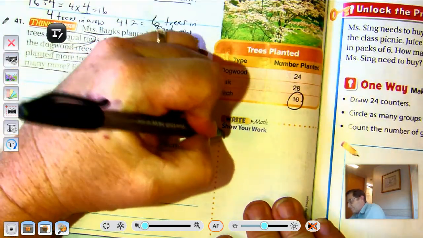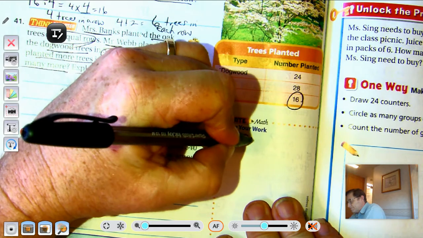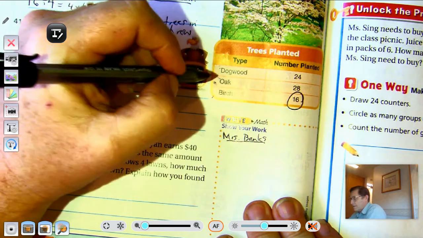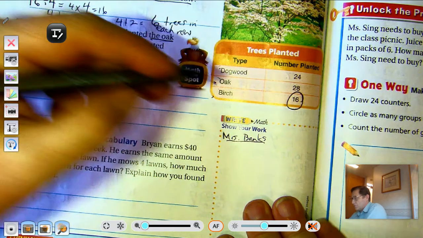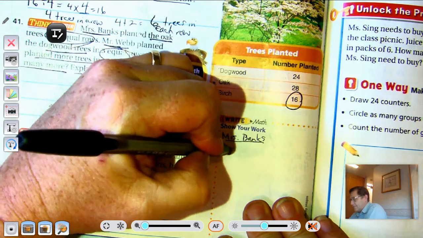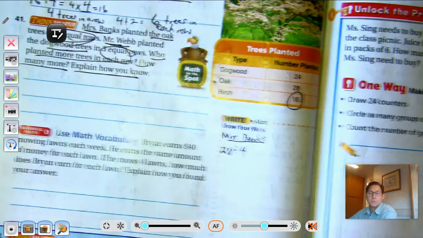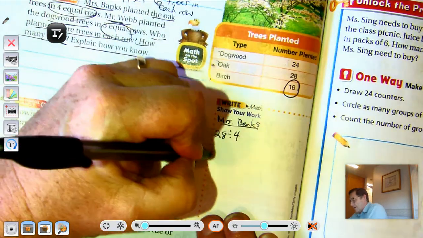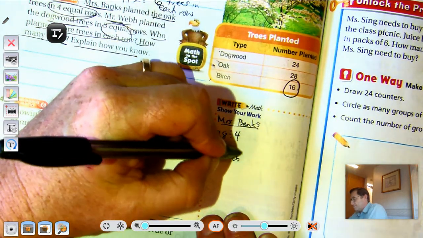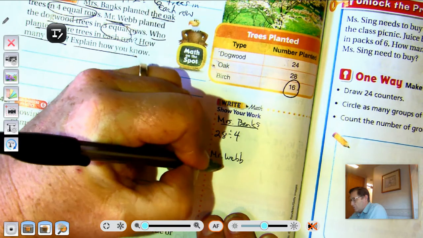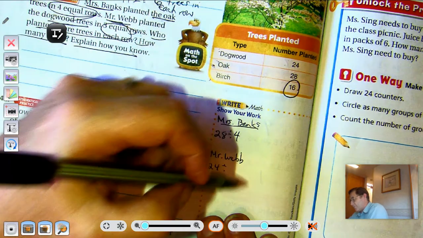Mrs. Banks planted oak trees, and there were 28 oak trees planted, and she put them in 4 equal rows. Mr. Webb planted 24 dogwood trees in 3 equal rows.